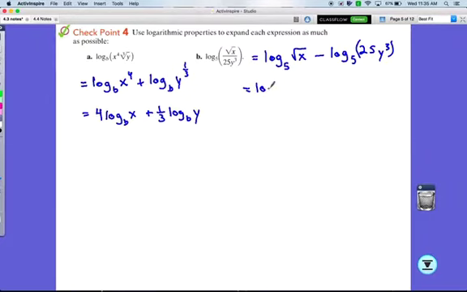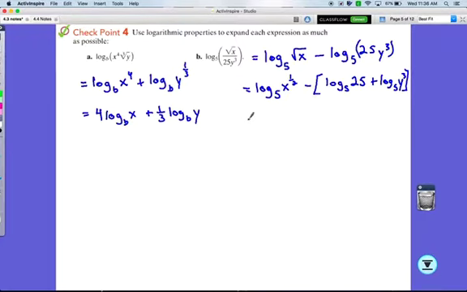So I have a log base 5. I'll rewrite that as x to the 1/2 power. I'm going to put a minus and then a parenthesis since I'm going to break that up. I'm going to use a bracket here. So log base 5 of 25 plus the log base 5 of y to the 3rd.